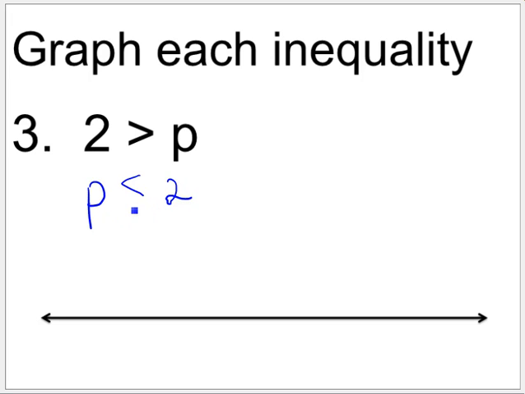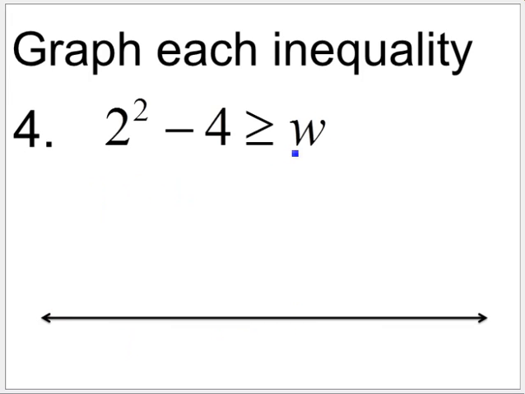This says P is less than 2. I will graph this inequality and I'll make sure that I include 2 on my number line as well as a few other points. And I'll use an open dot and I will shade to the left. That's which way the arrow is pointing now.